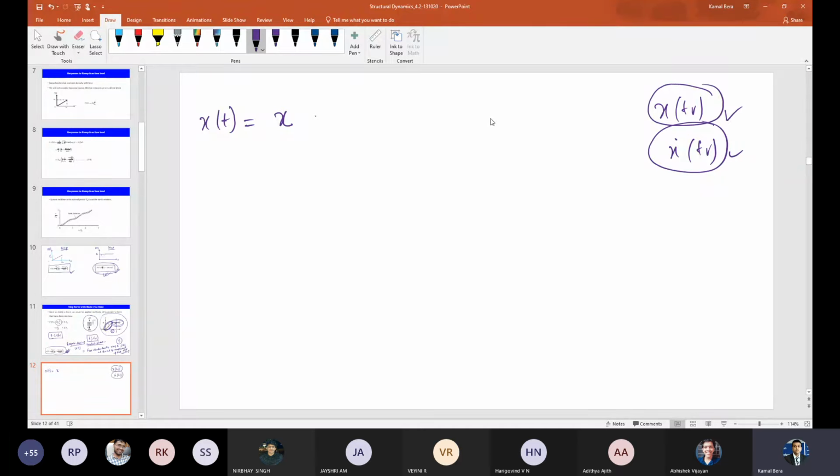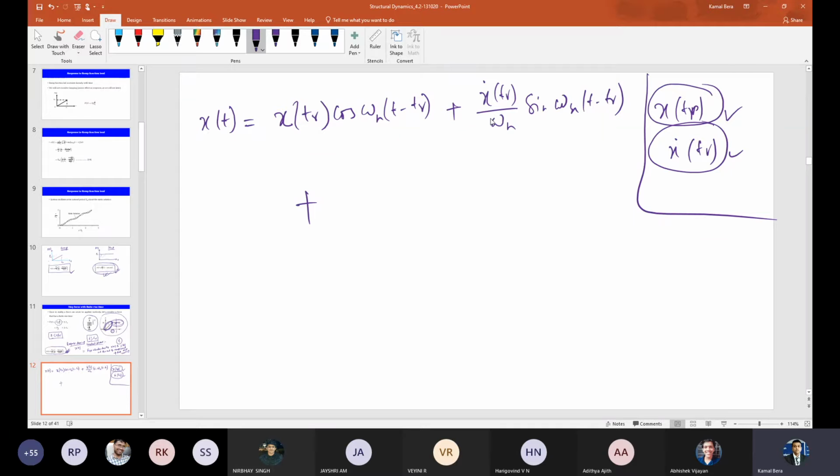What will be the response due to this initial displacement and velocity? x(tr) cos omega n (t minus tr) plus x dot(tr) divided by omega n into sine omega n (t minus tr). So that is due to the initial condition.